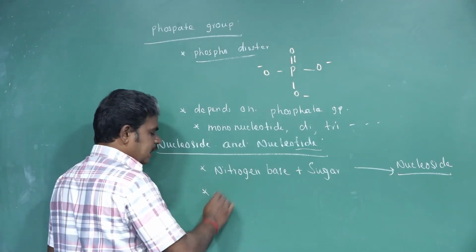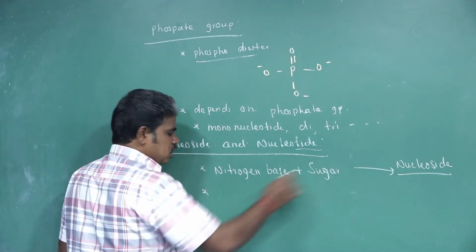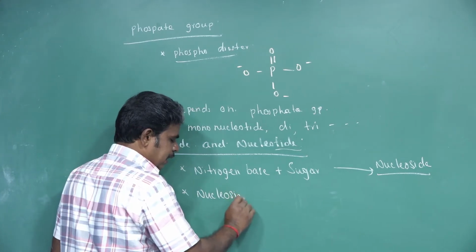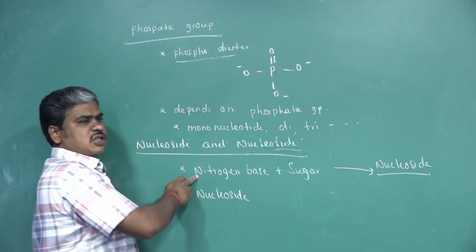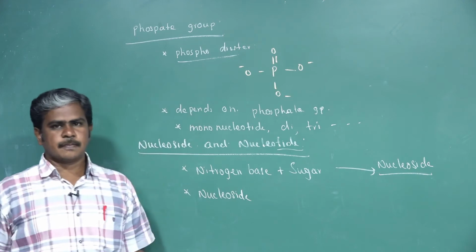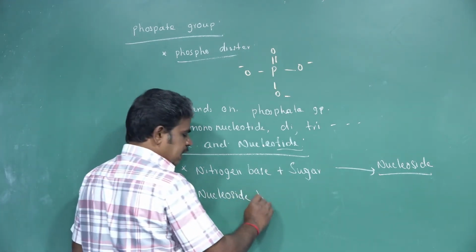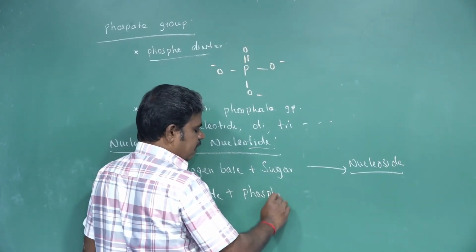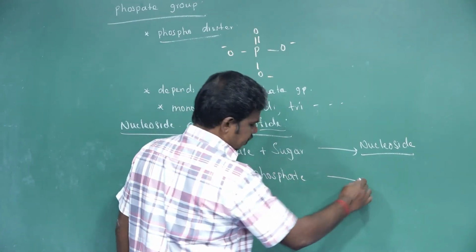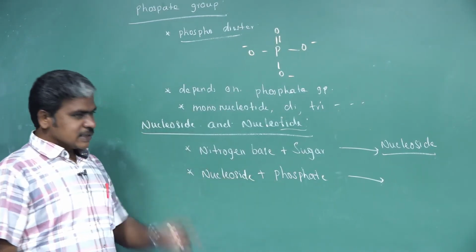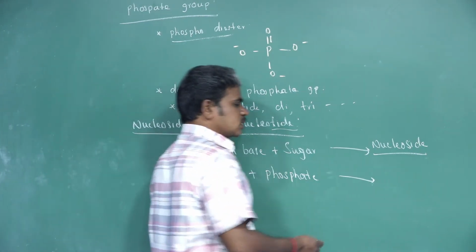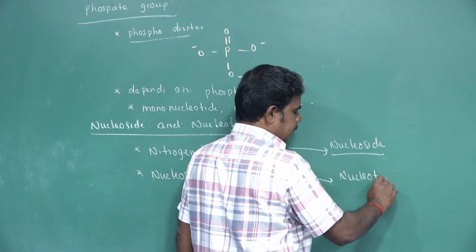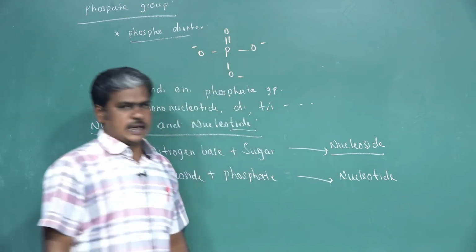So this nucleoside is made up of a nitrogen base and a pentose sugar. When this nucleoside reacts with phosphoric acid, we get the phosphate linkage. Then the phosphate linkage is added to the nucleoside, and we get a nucleotide.